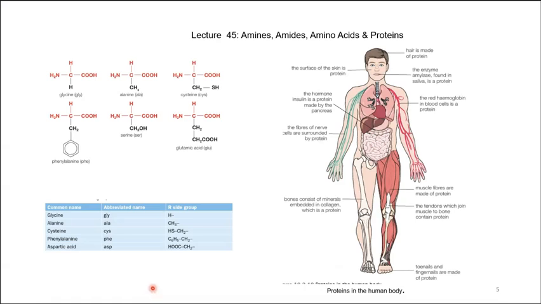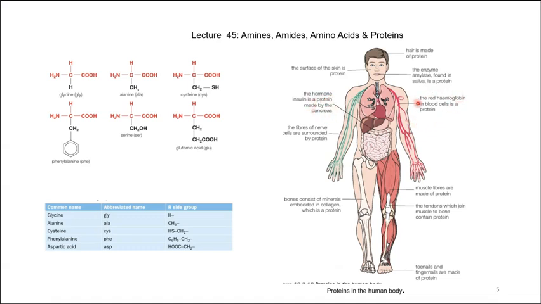We are talking about proteins in the human body. How many different proteins do we have in our body naturally? Hair is made of protein. The surface of skin is also made of protein. The enzyme amylase found in saliva is a protein. The hormone insulin is a protein made by the pancreas.